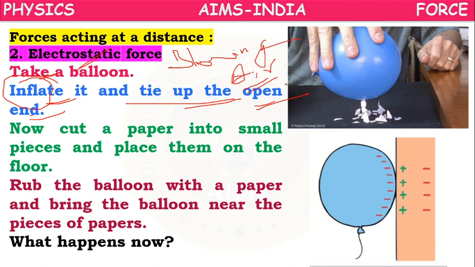Blowing air into the balloon is called inflating. After blowing air, size will increase. So we have to inflate the balloon first, and we have to tie up the open end with a thread. Means we have to take precautions such that the air inside the balloon will not come outside. So the balloon bulges out.